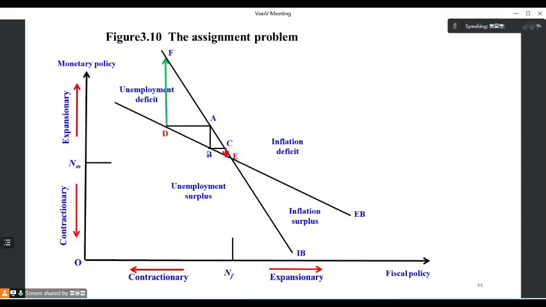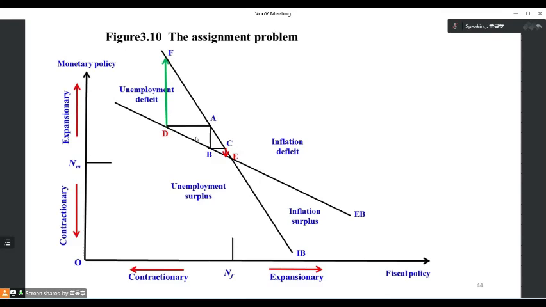At point B, we can use expansionary fiscal policy, which will make point B move right to point C, and so on. Finally, the point will move to the equilibrium point E.